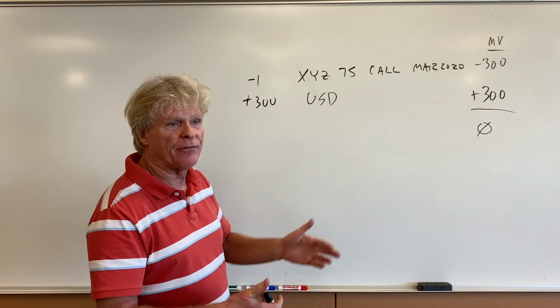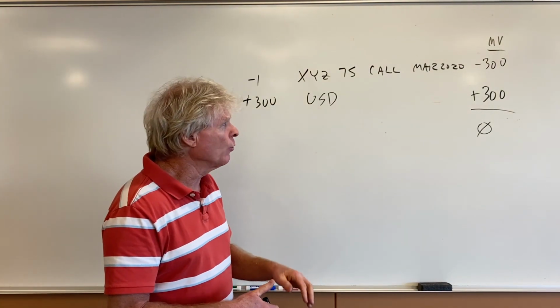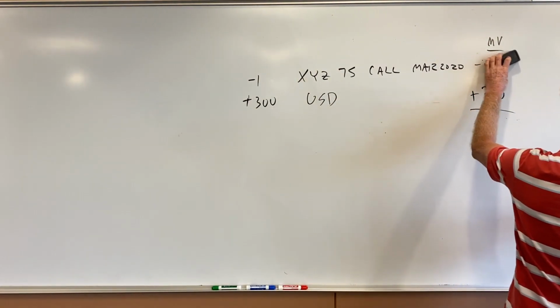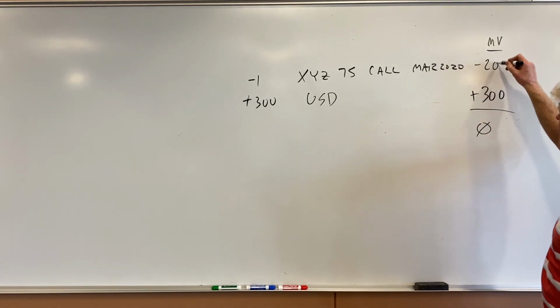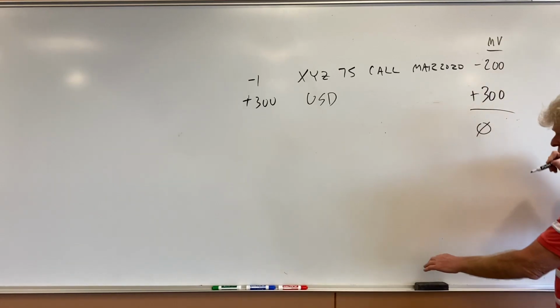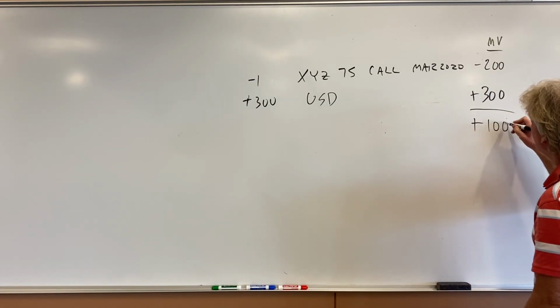And let's say the option has 3 months life, and after 1 month, it just ends up that the value of the call option is $200. Well, that means at that point, the market value of that position will be minus 200, and then the difference here will be plus 100.